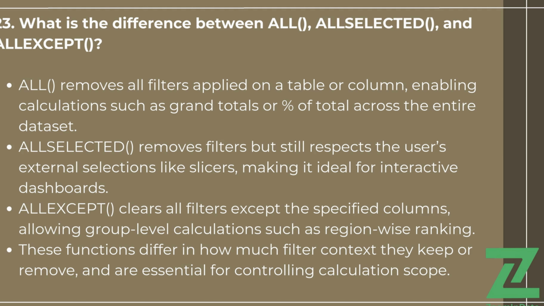ALLSELECTED removes filters but still respects the user's external selections like slicers, making it ideal for interactive dashboards. ALLEXCEPT clears all filters except the specified columns, allowing group-level calculations such as region-wise ranking. These functions differ in how much filter context they keep or remove, and are essential for controlling calculation scope.